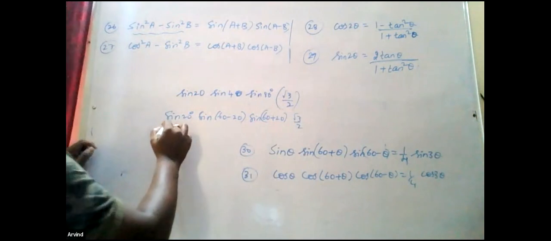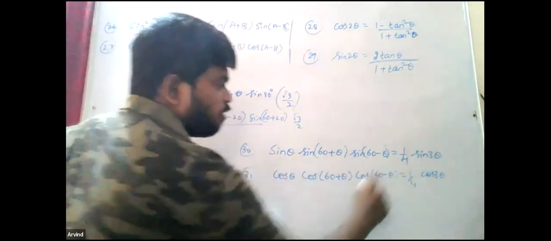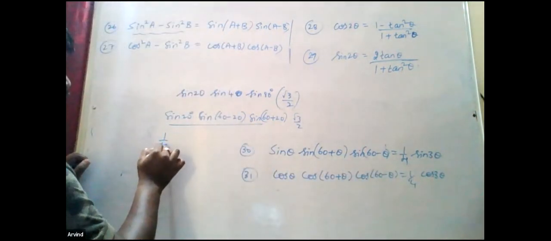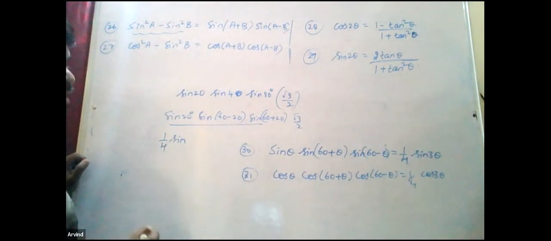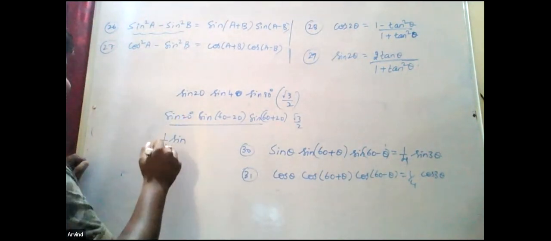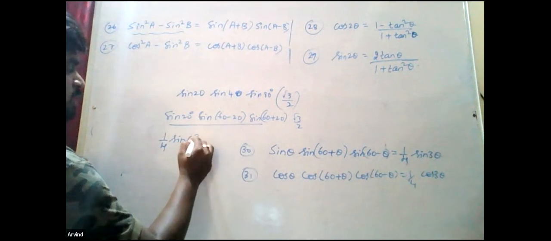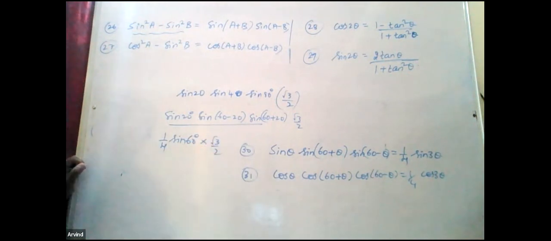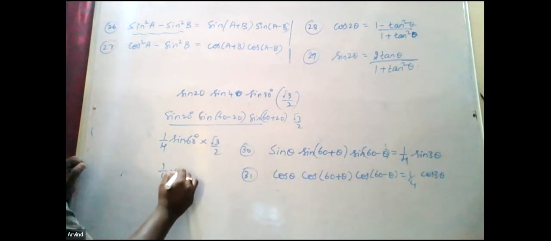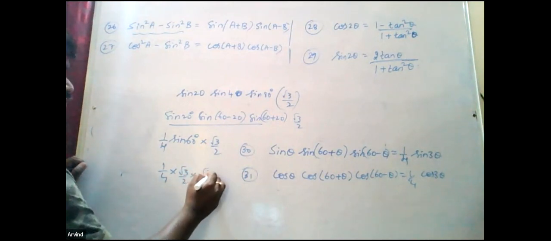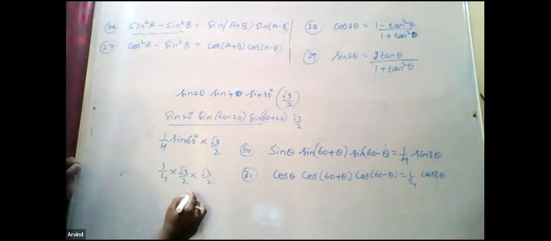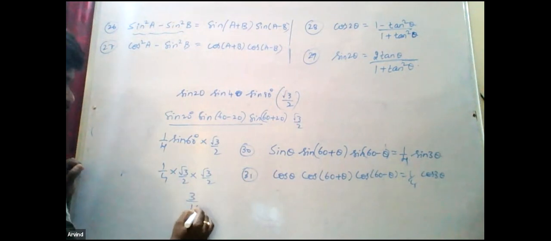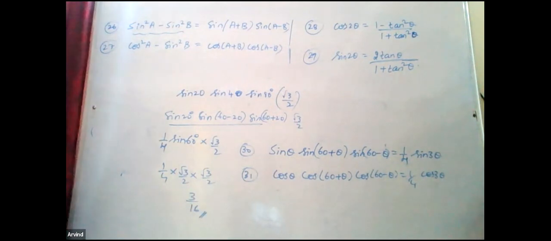So this thing resembles this formula. So it can be written as 1/4 sine 3 theta. Theta is 20, so 3 into 20 is 60. Sine 60 into √3/2. Sine 60 value is √3/2. Again a √3/2. So √3 into √3 is 3. 4 2s are 8, 8 2s are 16. So 3/16 is the answer.